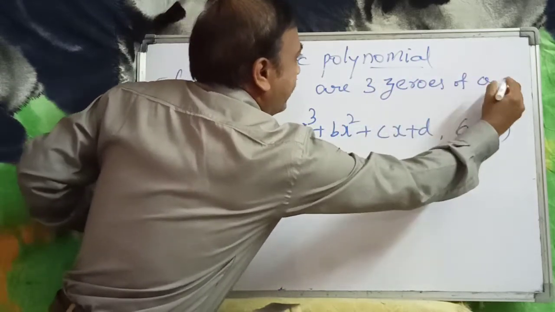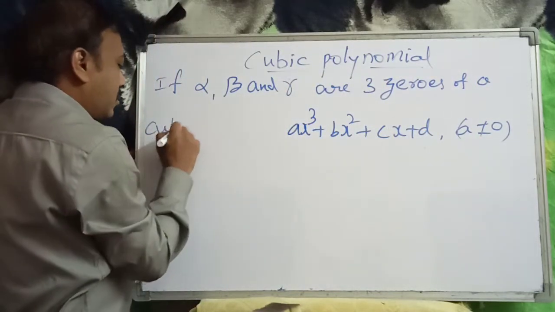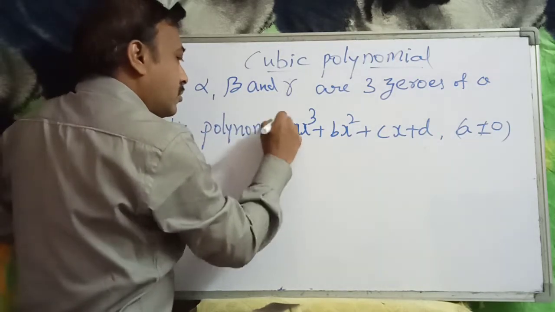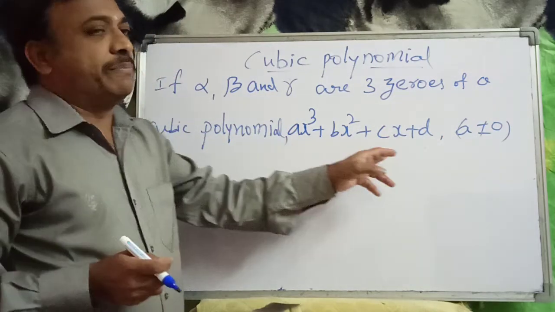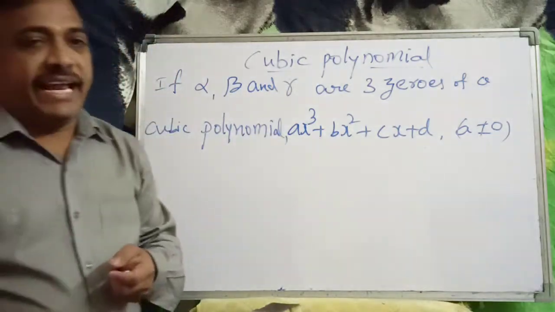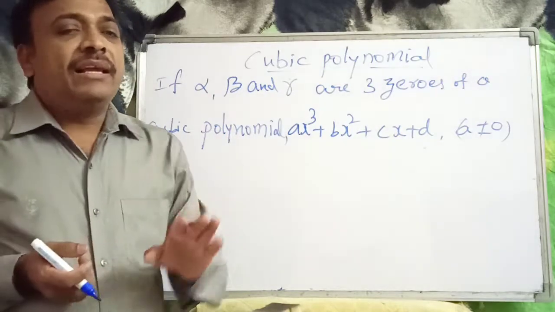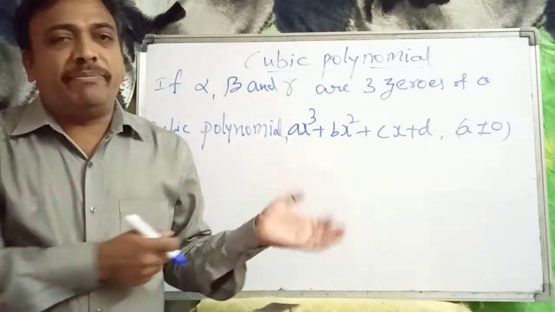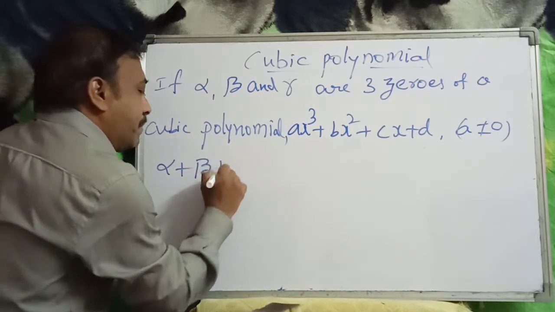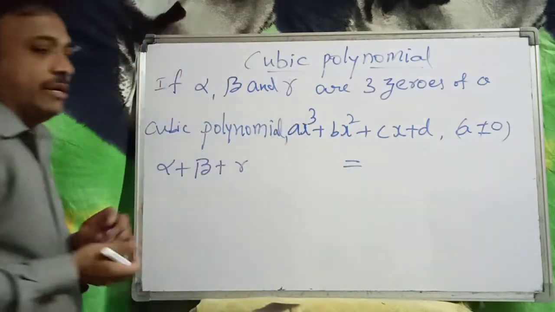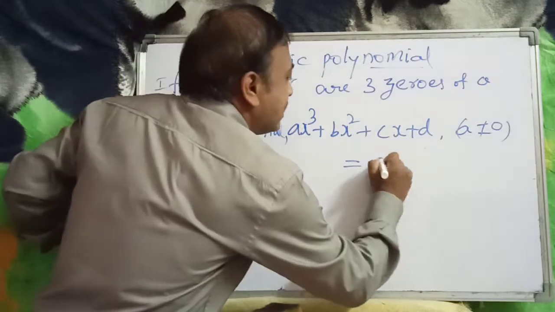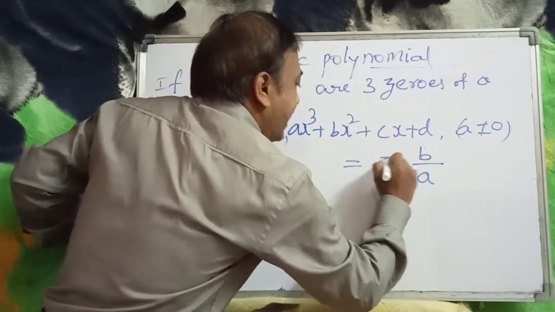of a cubic polynomial ax cube plus bx square plus cx plus d, where a is not equal to 0, then the relationship between the zeros and the coefficients will be like this. Observe it carefully: alpha plus beta plus gamma is equal to minus b by a.